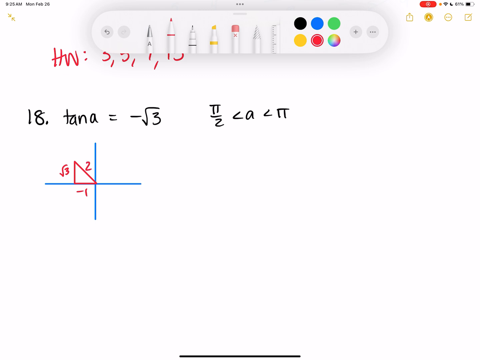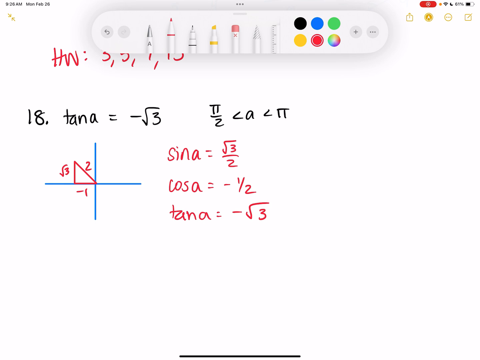So that's side 2. From the formulas, I know I'm going to need the sine of A, which is root 3 over 2. Cosine of A is negative 1/2. And tangent of A I was given, but just to rewrite it, negative root 3.